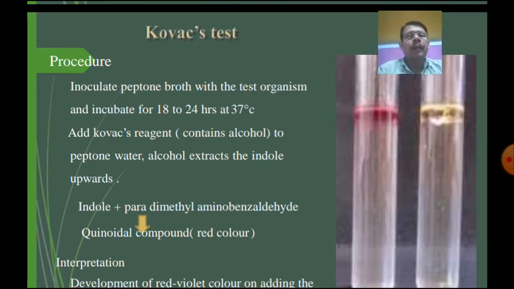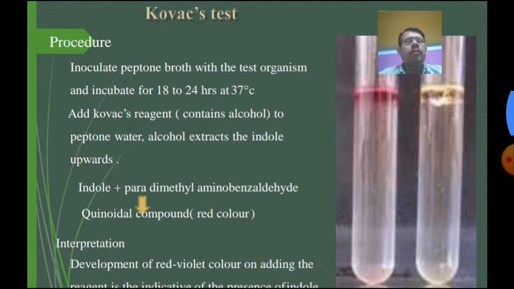Inoculate the indole peptone broth with the test organism and incubate at 37 degrees centigrade for 24 hours, then add Kovacs reagent, which contains alcohol, to the peptone water. The alcohol extracts the indole, which reacts with para-dimethylaminobenzaldehyde, and a quinoidal compound or red color will be produced.